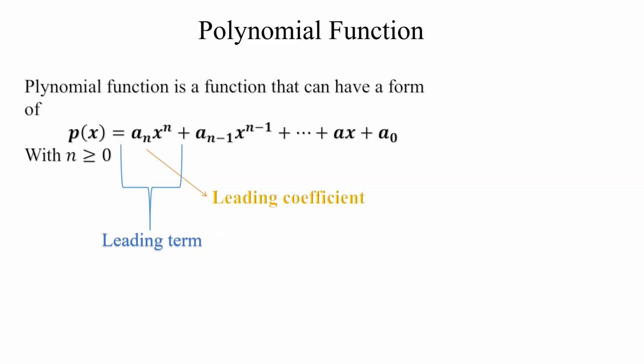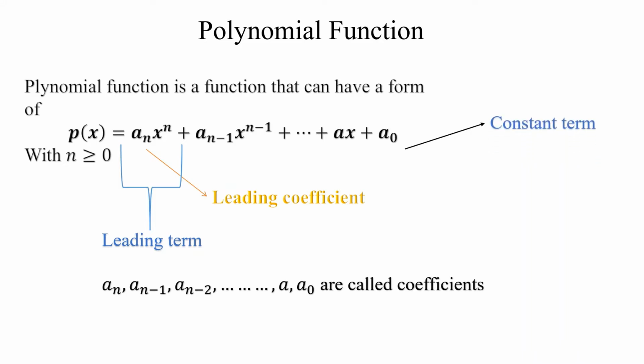The term a_n x to the power of n is the leading term and a_n is the leading coefficient, whereas a_0 is the constant term. And don't forget that a_(n-1), a_(n-2) and the other terms between these, as well as a_0, are also called coefficients.